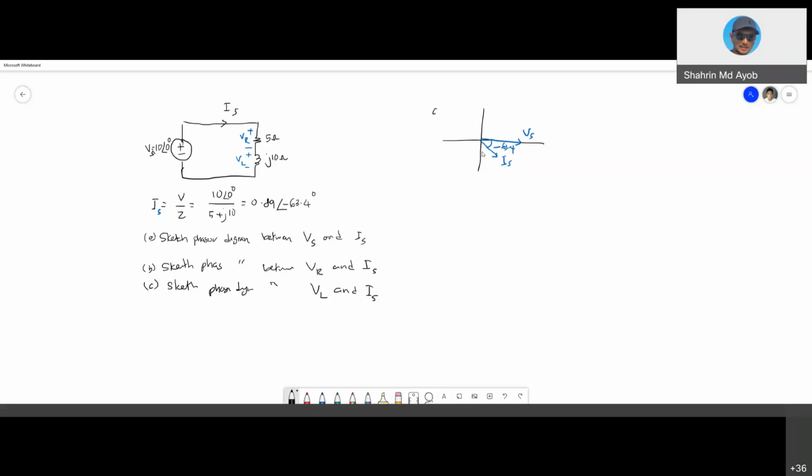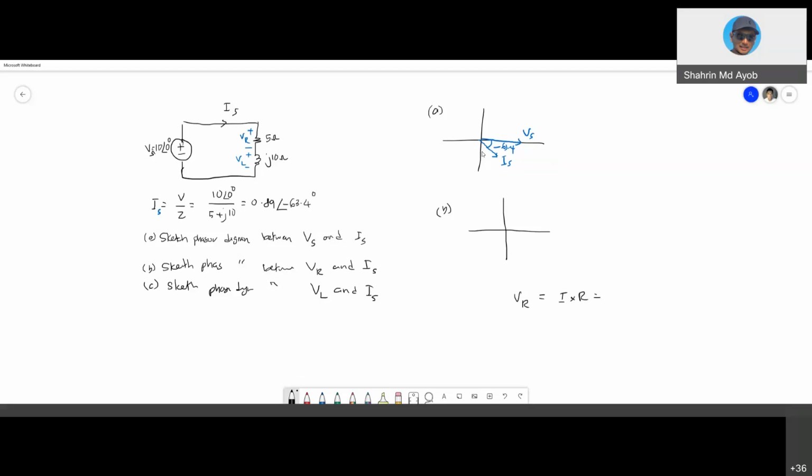The second question is quite tricky, but if you have good fundamentals, then it is actually very easy. Sketch the phasor diagram between VR and IS. First, you can calculate your VR. Your VR is I multiplied with the resistor value.